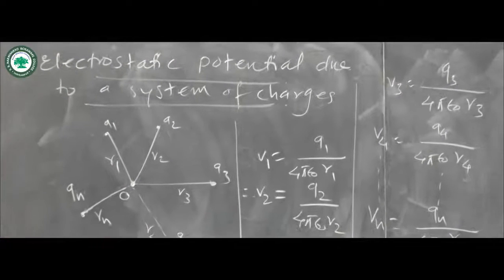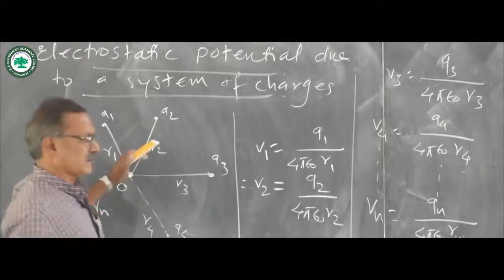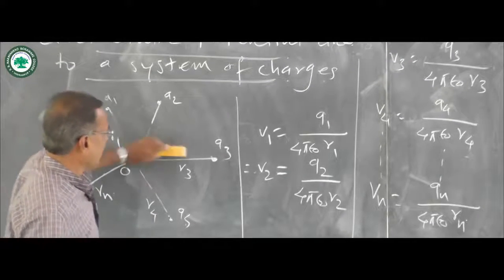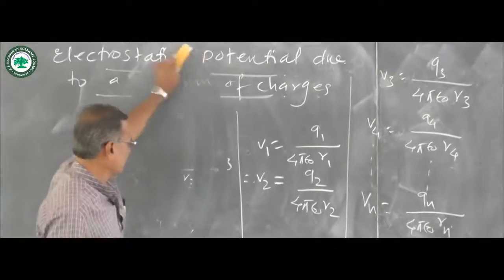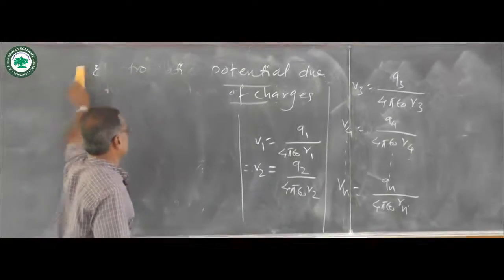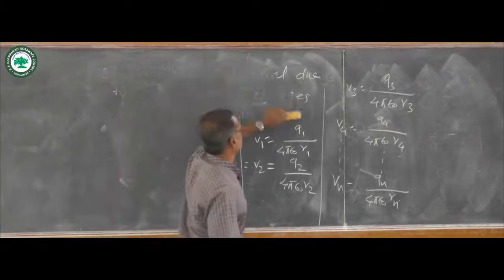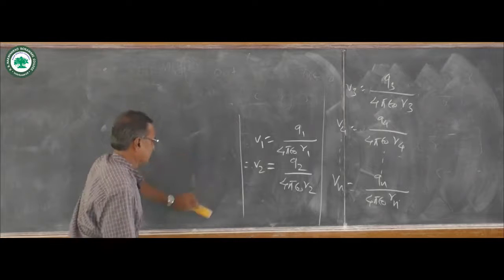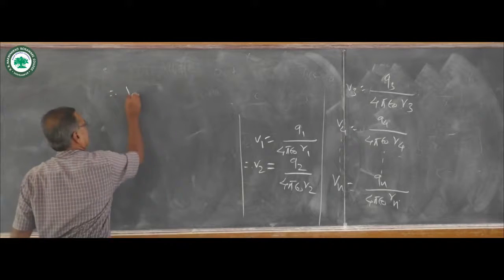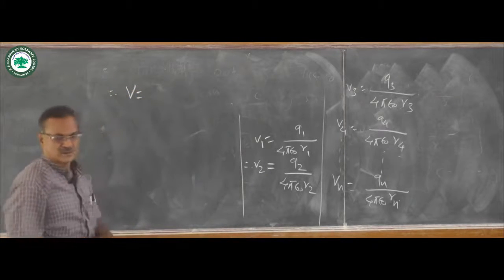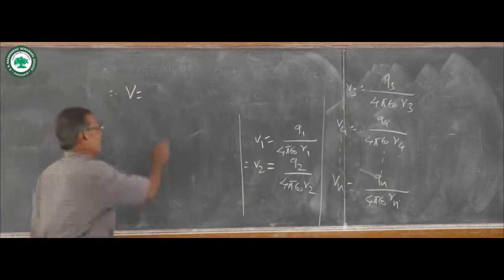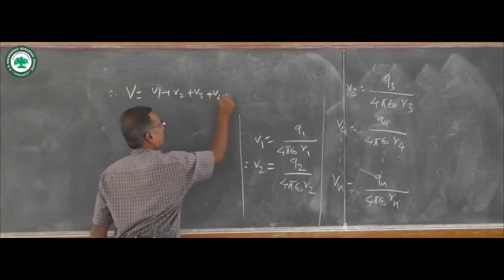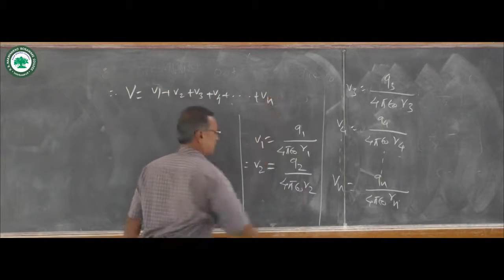So the total electrostatic potential due to the charges of a system is found by taking the summation of the electrostatic potentials due to all charges. Therefore the electrostatic potential of the system V is equal to V1 plus V2 plus V3 plus V4 plus Vn.